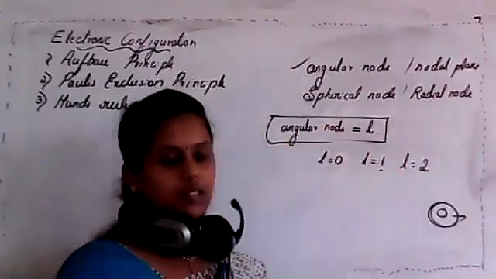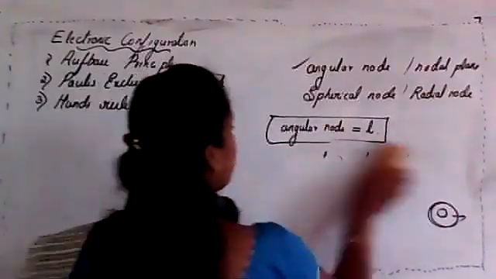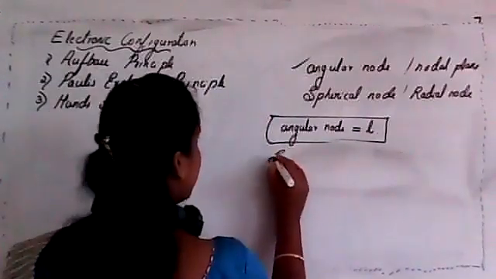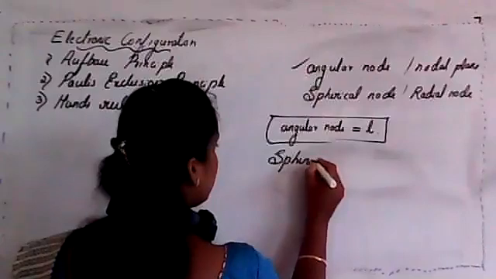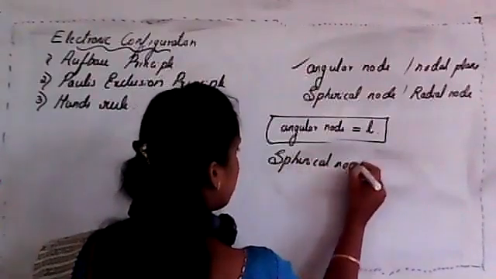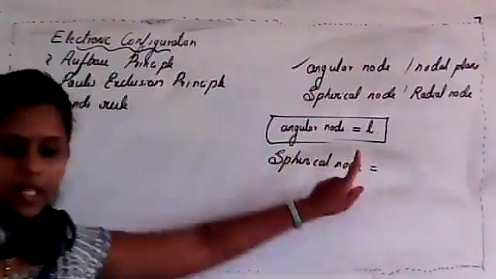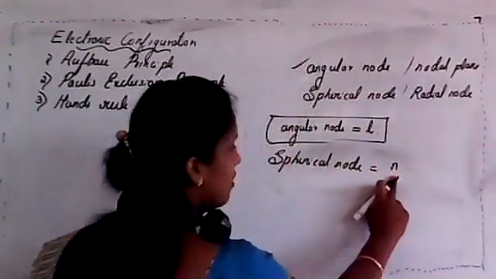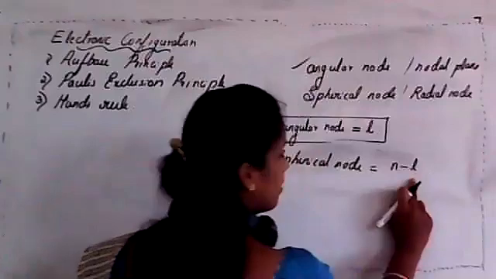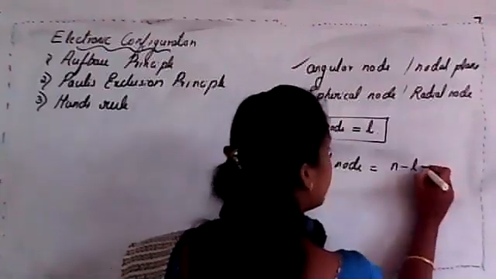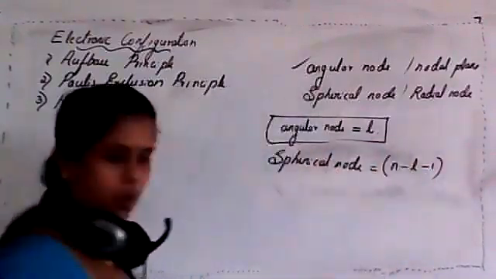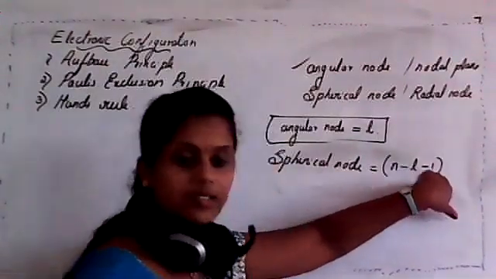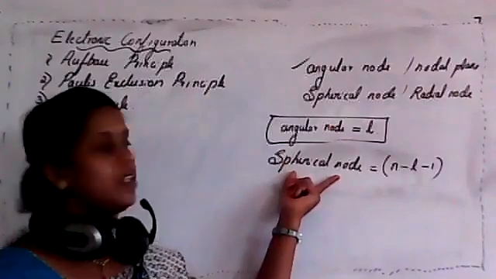So now what is the formula to find the spherical node? Spherical node equals n, the principal quantum number, minus L, the azimuthal quantum number, minus 1. n minus L minus 1 is your spherical node.